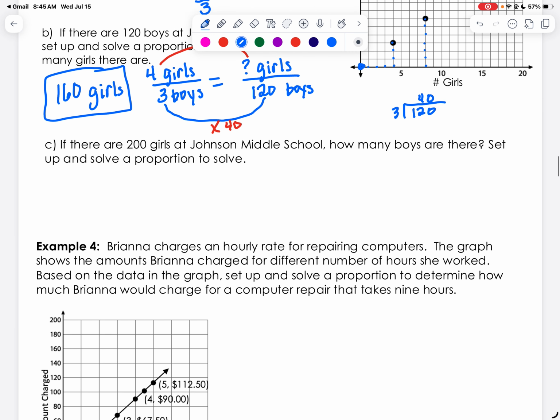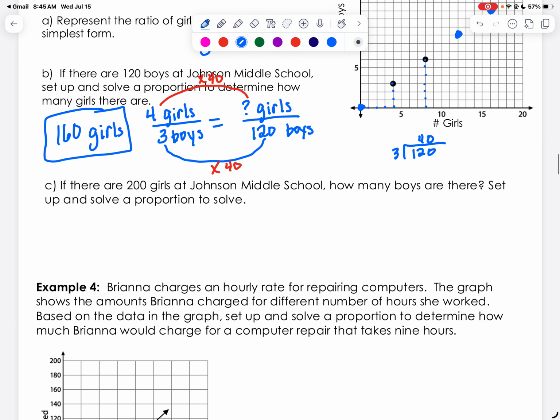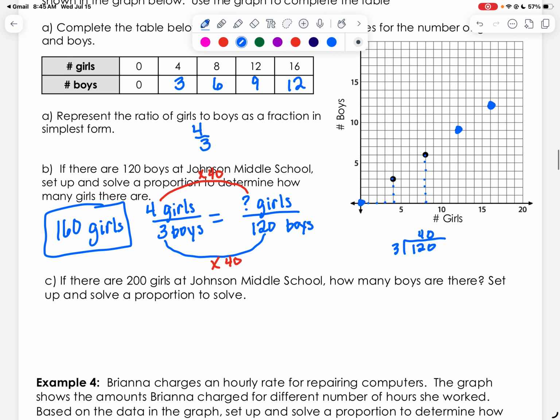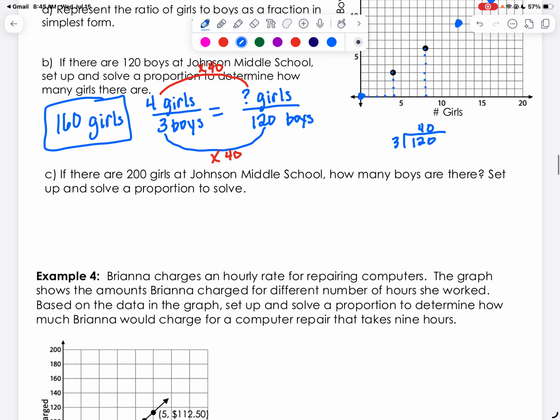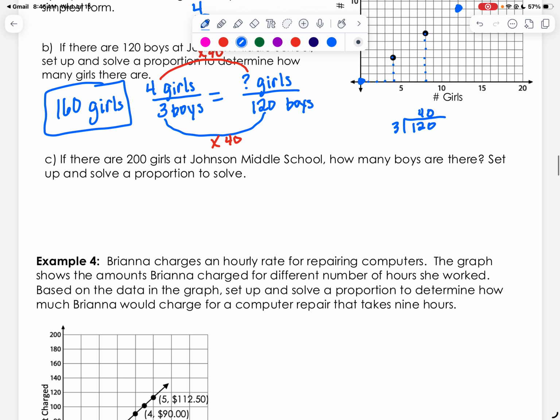All right, problem C. If there are 200 girls at Johnson Middle School, how many boys are there? Set up and solve a proportion. So again, I'm going to start with my basic ratio, which was 4 girls to 3 boys.